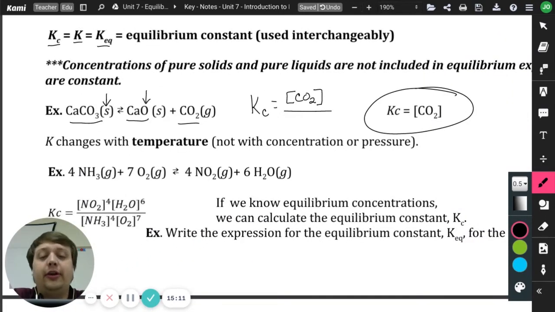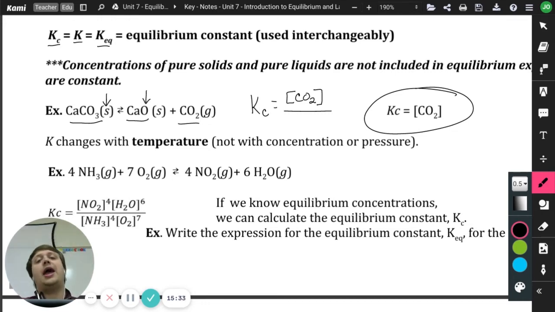Now, here's the deal. K is going to change with our temperature. One of the things that we've noticed is that our equilibrium constant changes with temperature, not concentration or pressure. If I change my concentration, why would that not affect my K? Why would that not affect that equilibrium constant, that point at which we reach equilibrium?